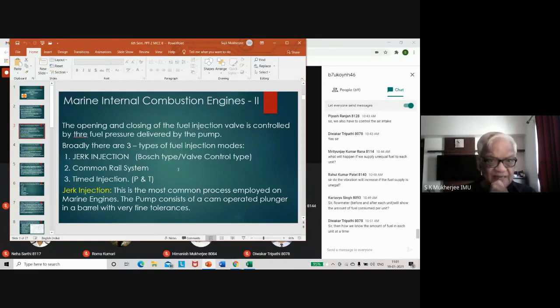The second system that we have where fuel injection is made is the common rail system. I will not elaborate on this at the moment because I want to focus on jerk injection. Common rail system, I gave you a brief description: one pump which is driven by the engine develops pressure to fill up one big, strong pipe, and this pipe is capable of taking 3000 bar pressure.